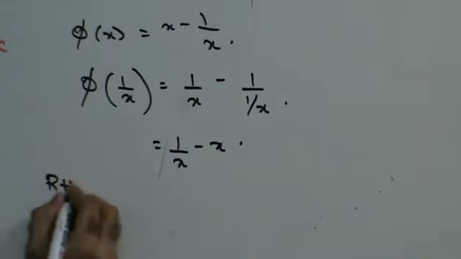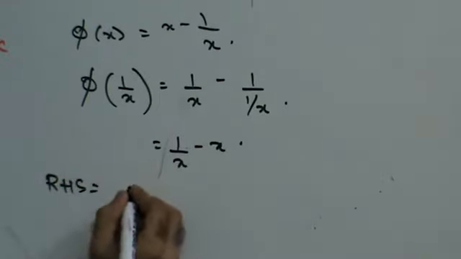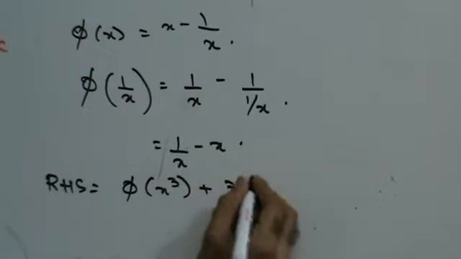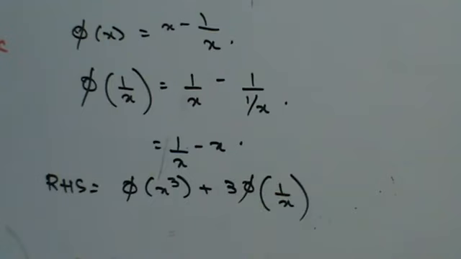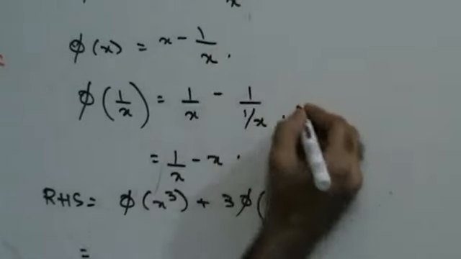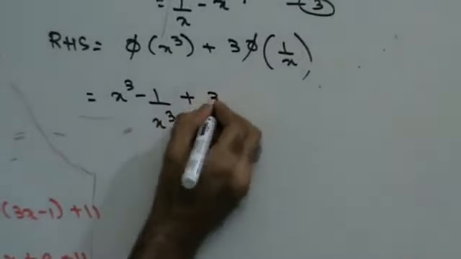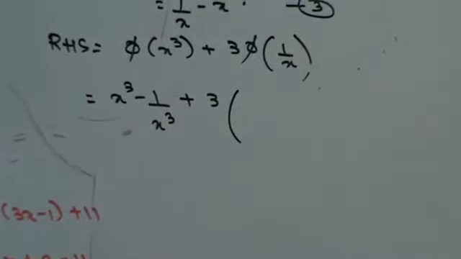Let us start with the right hand side. Phi of x cube plus thrice phi of 1 upon x. Phi of x cube we found out in equation 2, guys. Let's call this as equation 2 and equation 3. From equation 2, I can say that phi of x cube is x cube minus 1 upon x cube, plus thrice phi of 1 upon x.